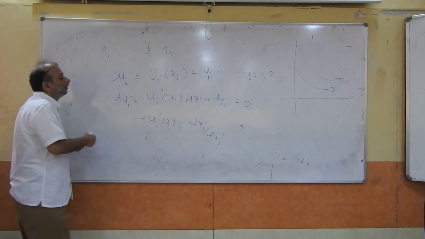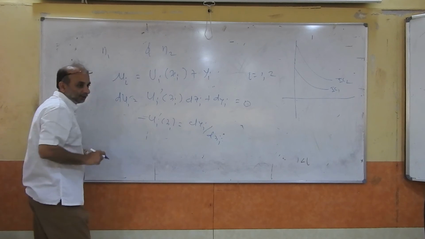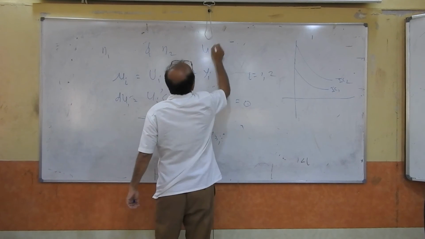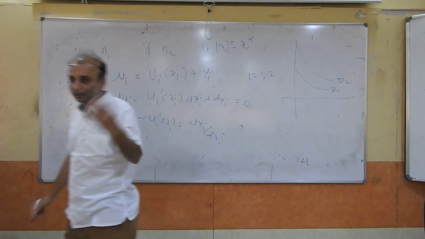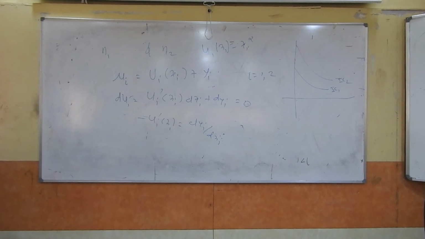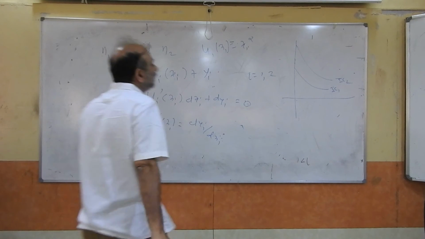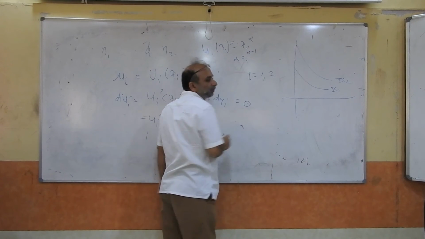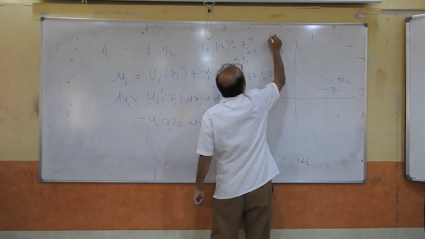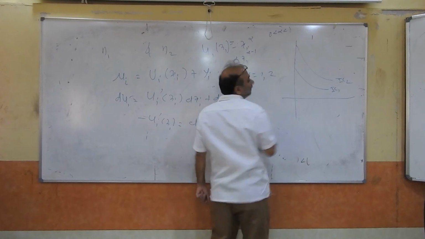So suppose, for example, we think of this ui(xi) as xi raised to alpha, some function. So what will you have for the derivative? Alpha xi raised to alpha minus 1.